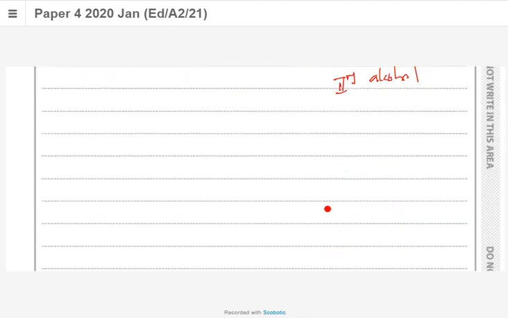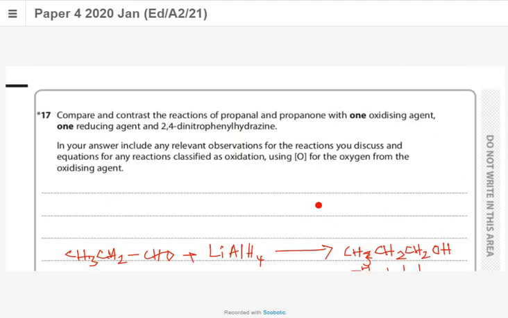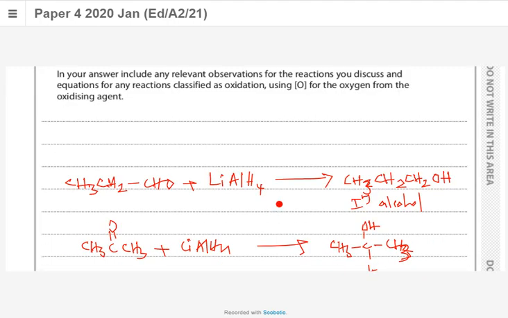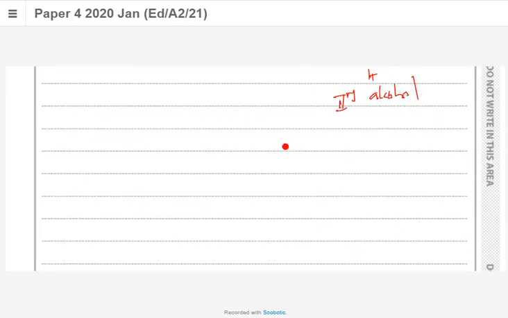Then you can write that both propanal and propanone will react with 2,4-DNPH to form an orange precipitate.